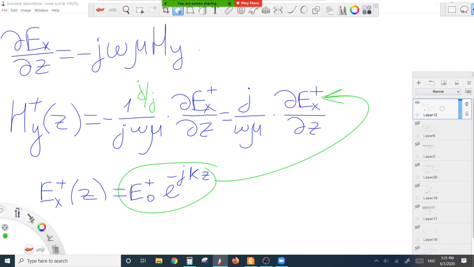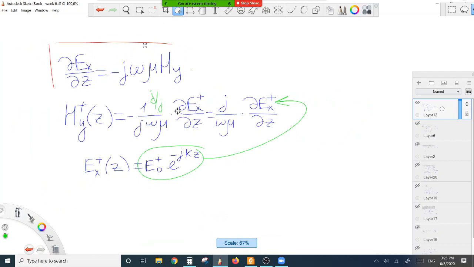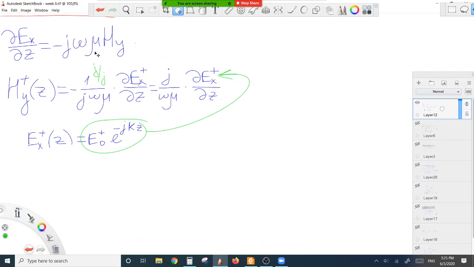So what will be the derivative of Ex with respect to z?